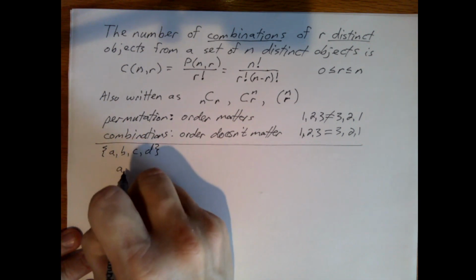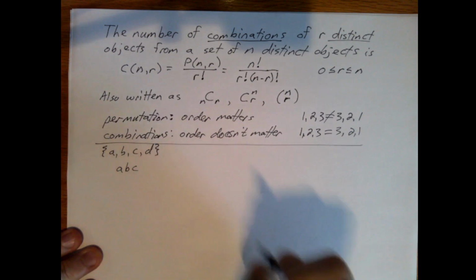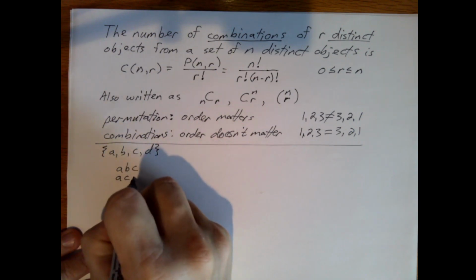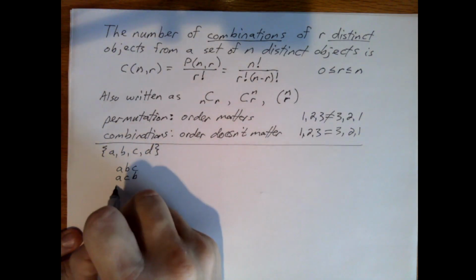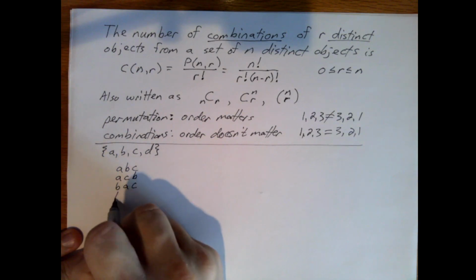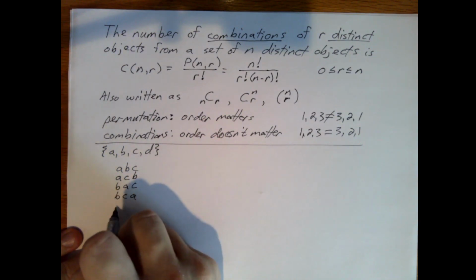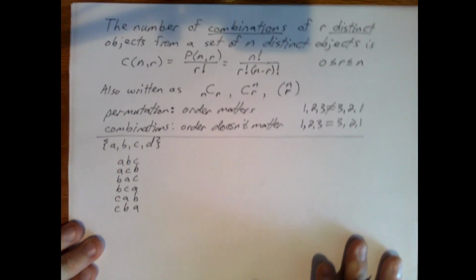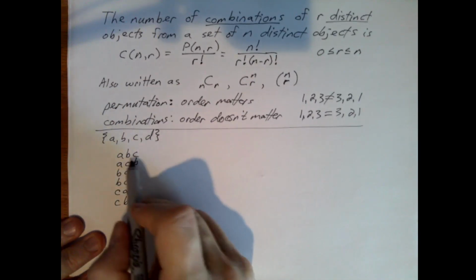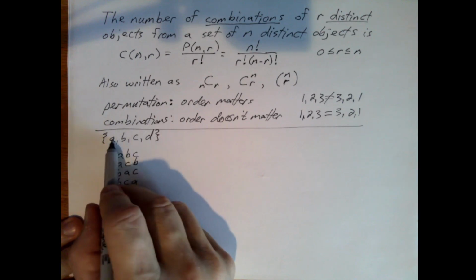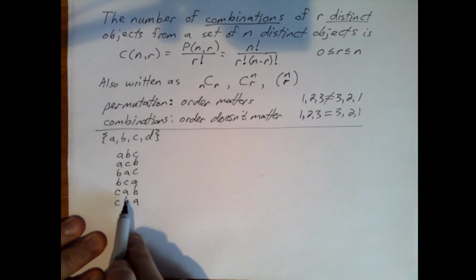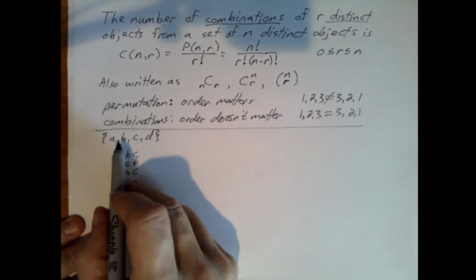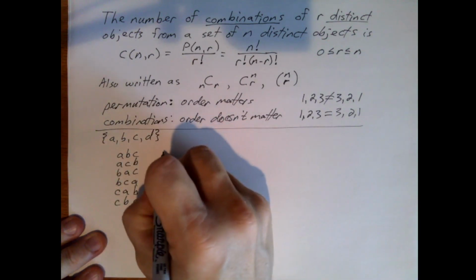So I could pull them in this order: A, B, C, A, C, B, B, A, C, B, C, A, C, A, B, and C, B, A. If I choose these 3 things, A, B, and C, these are the 6 ways to arrange them. But what if I had A, B, D?